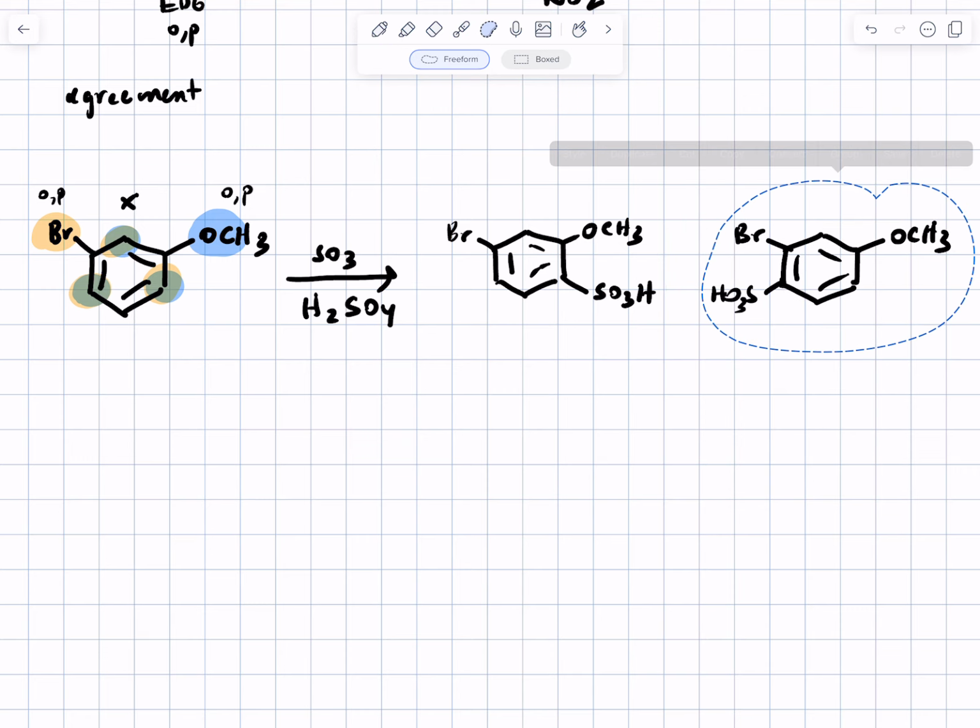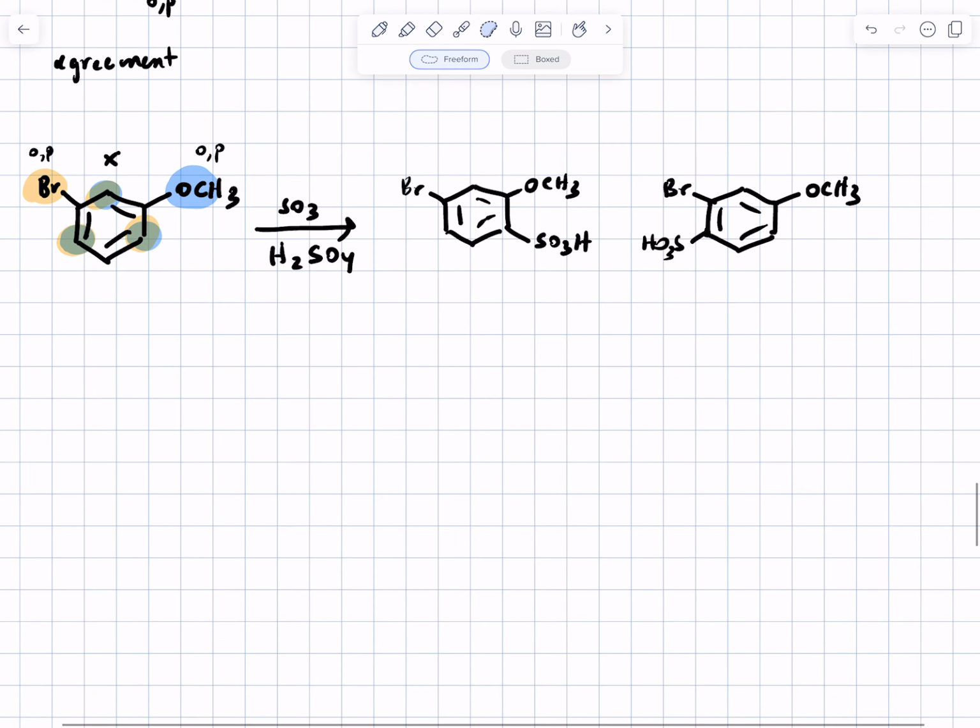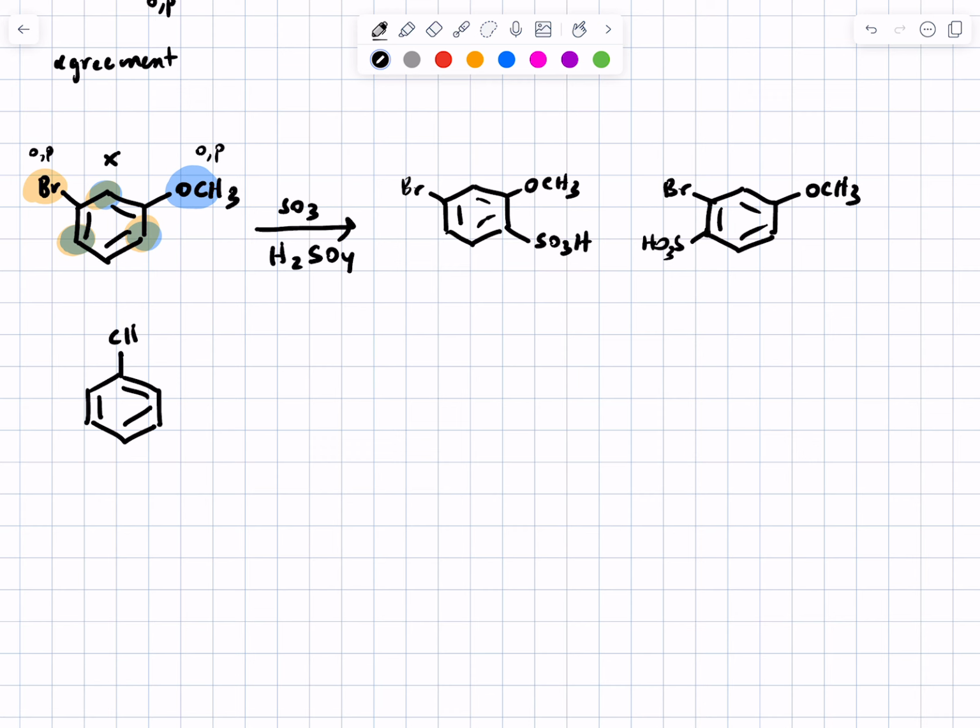What I was hoping to do and didn't get to do was, what if two donating groups oppose each other? So maybe just briefly, we'll do one more example, methyl and methoxy, and we'll do the chlorination reaction. Methoxy prefers ortho and para to itself. Methyl prefers ortho and para to itself. Which is the strongest donating group?